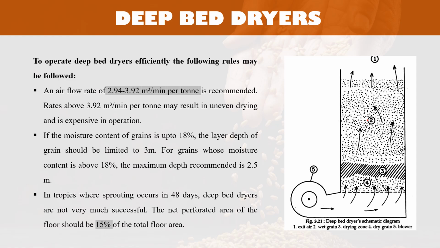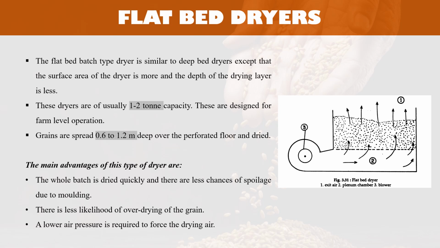Next, we have the flatbed dryers. These flatbed dryers have a similar principle to that of the deep bed dryers, except that they have a wider surface area and a lesser depth of drying layer. The dryers are usually designed for farm-level operation, having 1 to 2 ton capacity.